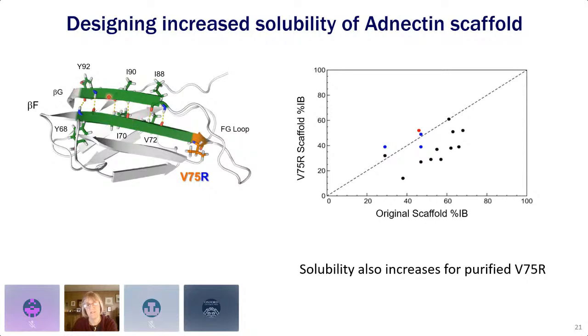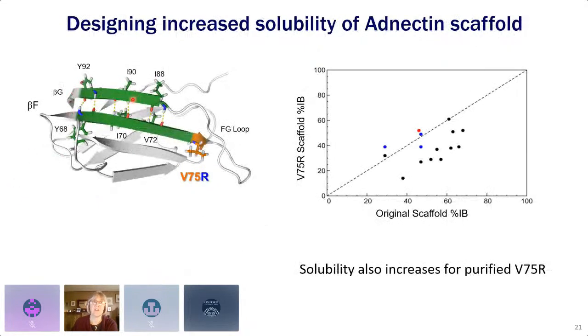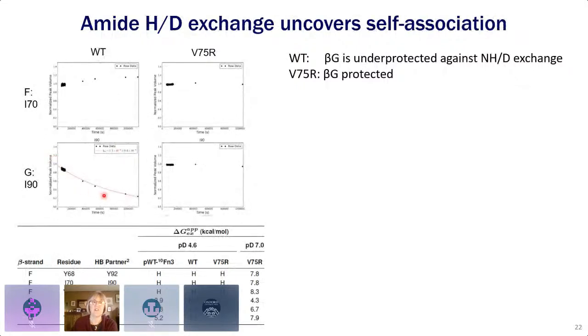This is a nice looking anti-parallel beta sheet region. The loop's too long to be a hairpin, but nevertheless, these should be hydrogen bonded. We find that isoleucine 70 doesn't exchange, so it's very protected in the wild type. But isoleucine 90, which is in the edge strand, in this G strand, is exchanging, and is not as protected as it should be.